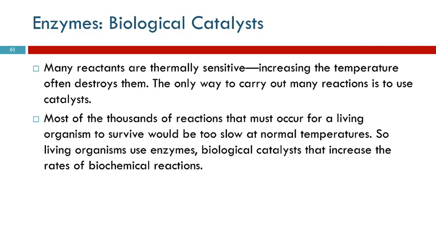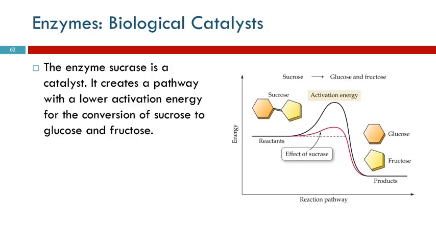When things are haywire, when you're sick, it goes up, and that's your body's way of fighting off infections. But we can't just increase the rates of reaction by increasing temperature, and we can't really mess around with concentrations either. So enzymes are critical in how your body operates and controls the reactions that occur.